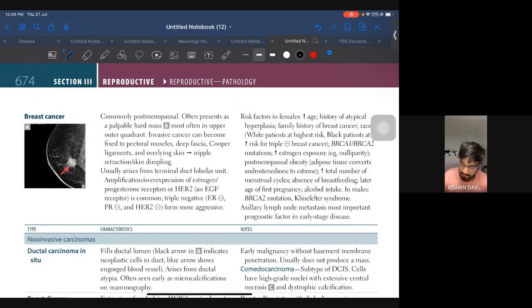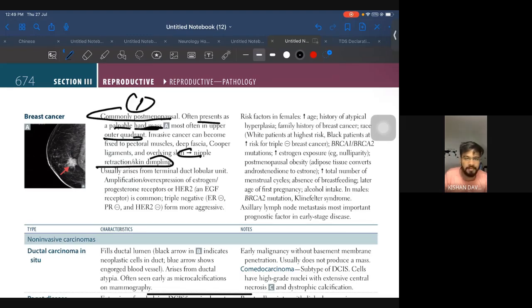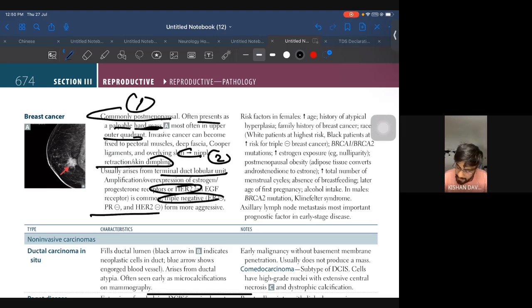Coming to breast cancer. Commonly postmenopausal, often presents as a palpable hard mass, most often in upper outer quadrant. This is important. And another thing is nipple retraction and skin dimpling will be there. Okay. Usually arises from terminal duct lobular unit, HER2, triple negative, that is ER negative, PR negative, and HER2 negative are aggressive.